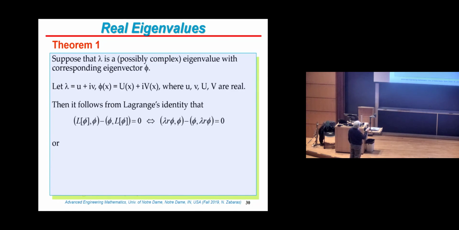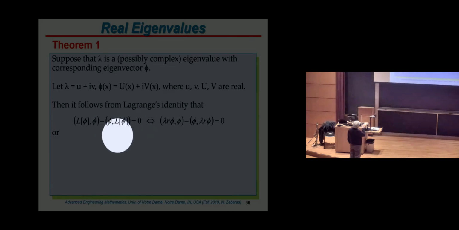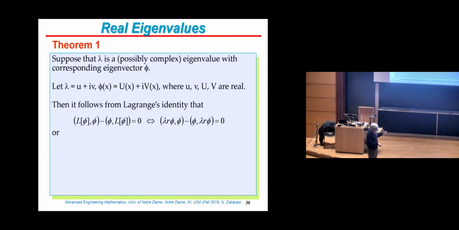So what I'm going to do is I'm going to assume that lambda in general is a complex eigenvalue. The eigenfunctions, we're going to assume that they're also complex, all right? So I'm going to take phi to be an eigenvector, one of the eigenvectors of my Sturm-Liouville problem.